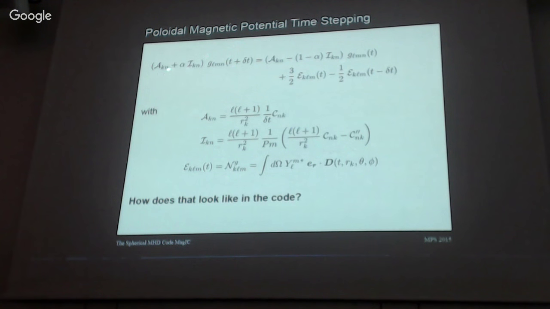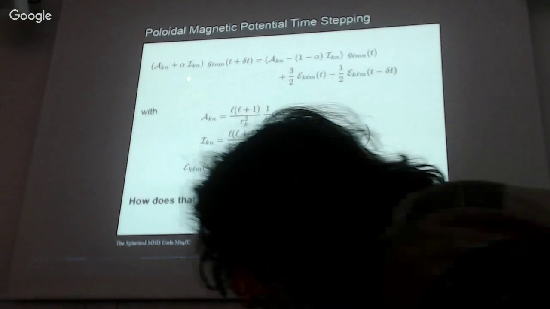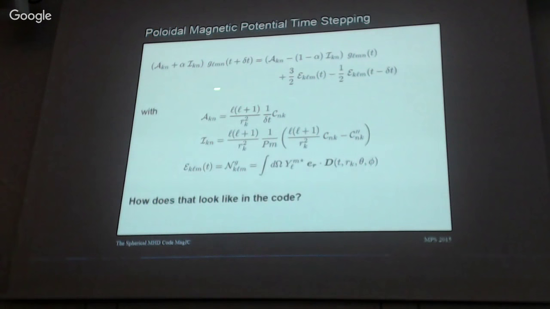There are two matrices, A, Kn plus alpha. This is the weight again from the Crank-Nicolson times the implicit part Kn. And Kn actually means, again, what I told you before, K numbers the radial grid point, so we have one equation for each radial grid point. And the n is the Chebyshev polynomial, so the number over all Chebyshev polynomials.